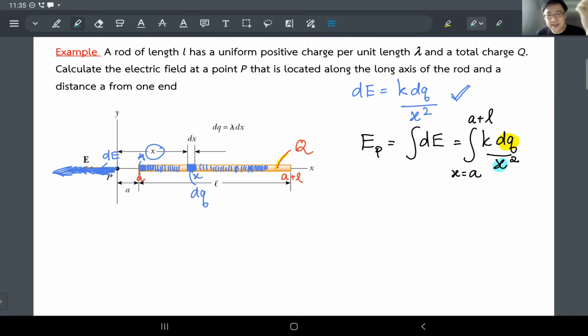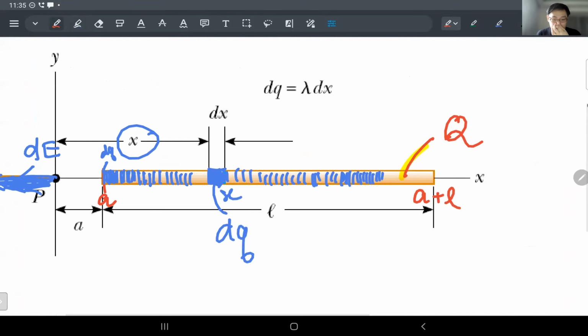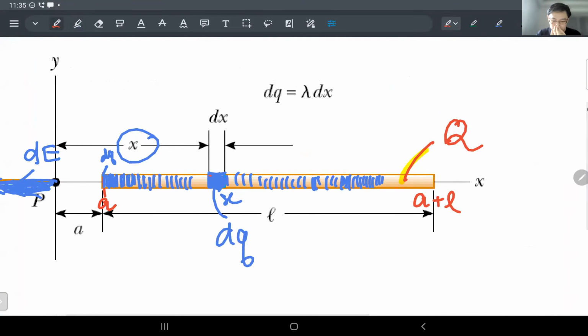How to do that? That's not bad. It's actually easier than you think. Here we go. Look at this. Every time that you slice a piece of charge, chop, chop, over here, it contains a tiny charge dq, right?